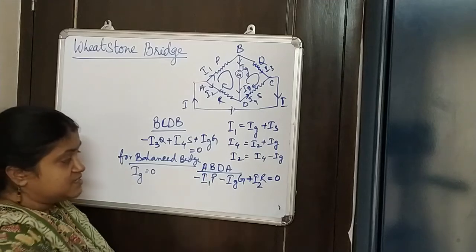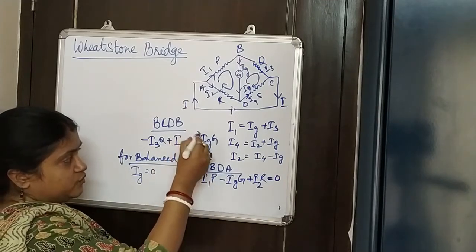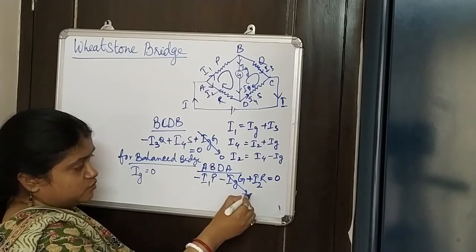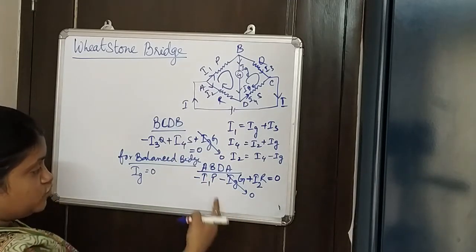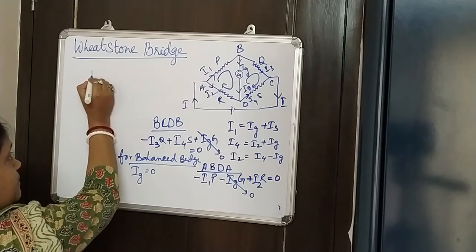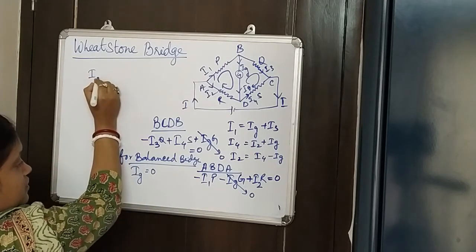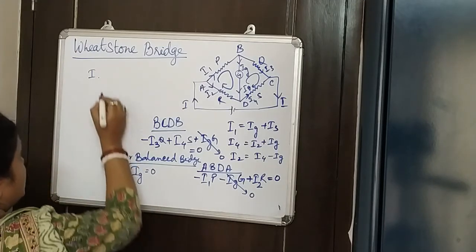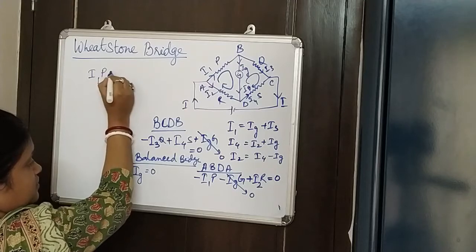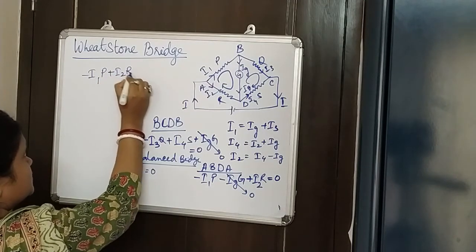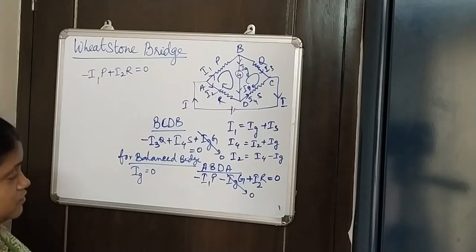If Ig is 0, then one term of each of these two equations becomes 0. So from the first equation, I can write I1 P plus I2 R is equal to 0.